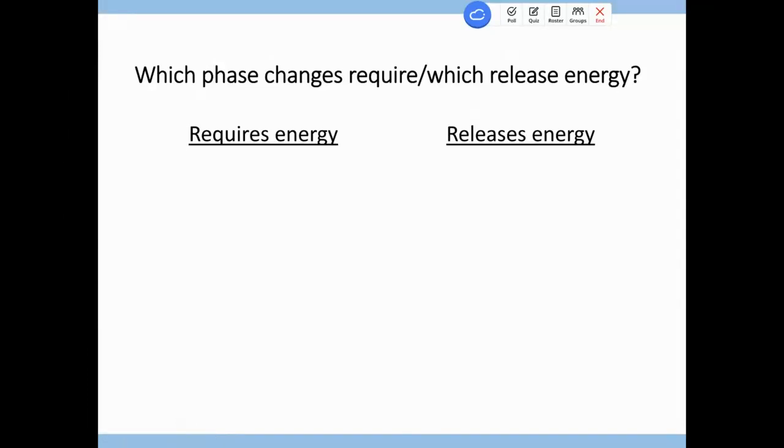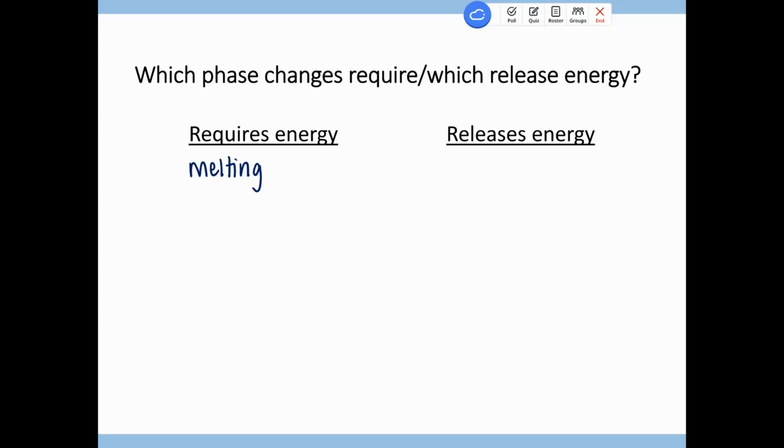So remember that going from a lower energy state to a higher energy state requires energy. The lowest energy state is solid, and then liquid, and then gas. So starting at a solid going to a liquid, or melting, requires energy. If you're trying to melt something, it needs to be warmed up. It needs to absorb energy for that to occur.